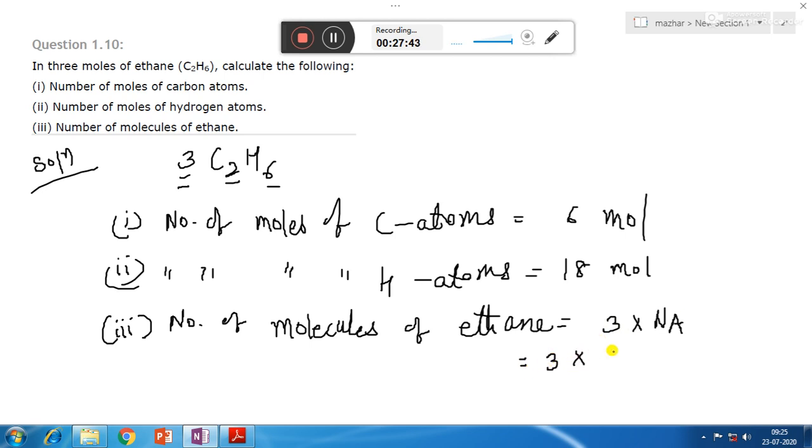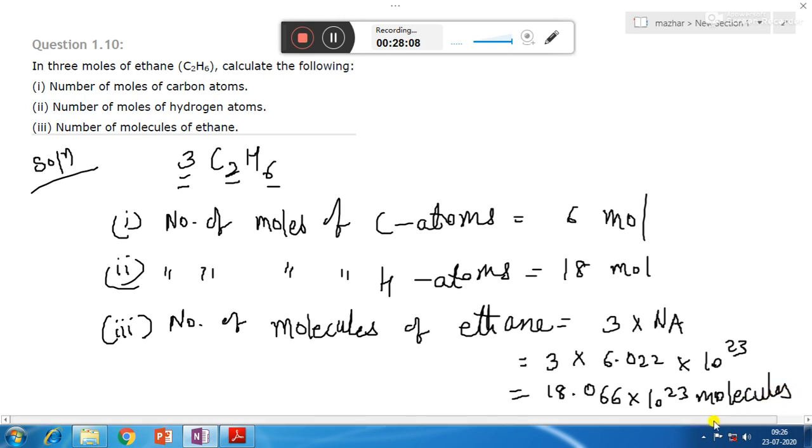That is equal to 3 into 6.022 into 10 raised to 23, which is equal to 18.066 into 10 raised to 23 molecules. So these are our 3 answers.